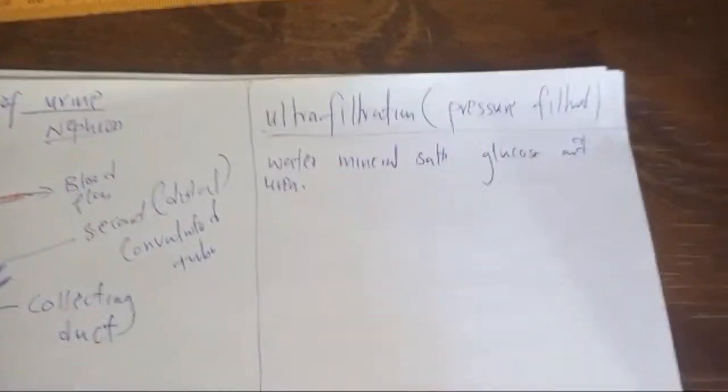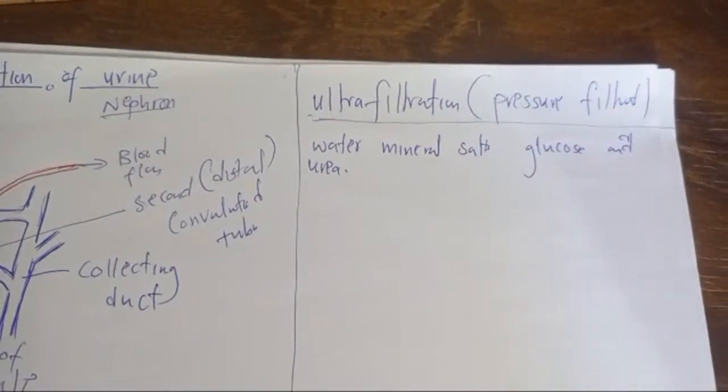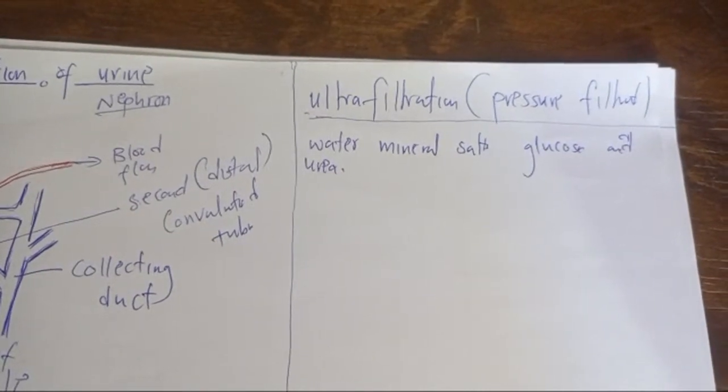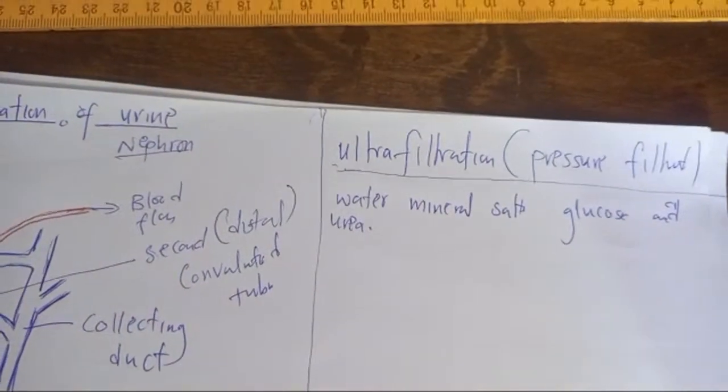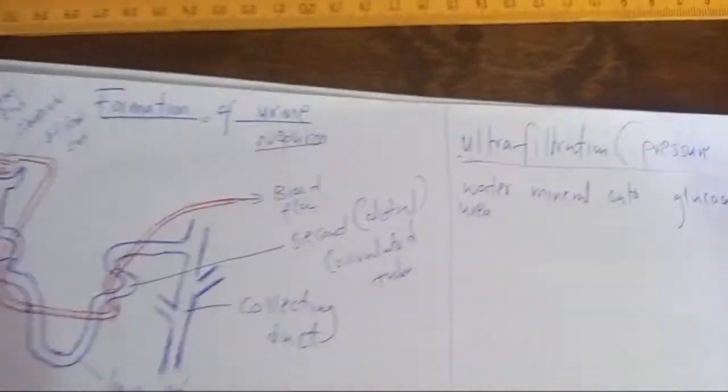So during ultrafiltration, which is also called pressure filtration, water, mineral salts, glucose, and urea, which are small molecules, will be filtered off from the glomerulus into the Bowman's capsule.